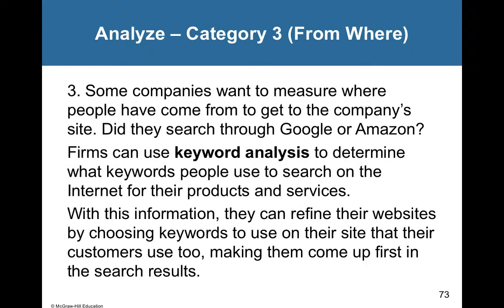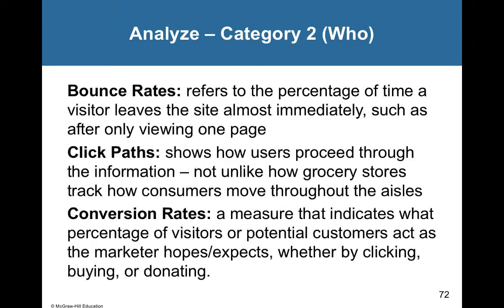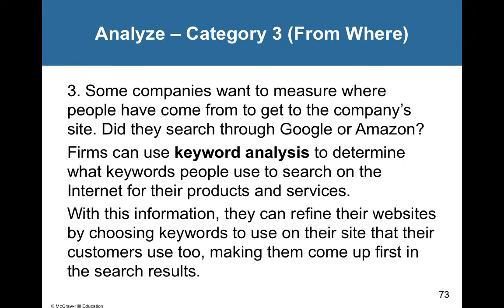Okay. And then finally, our third category of analysis, once we figured out how many and we figured out what they're doing on the site or the who, we want to know where they came from, the from where aspect. So this has always been kind of creepy to me. We want to know, what site were you on before you came to our site? And a lot of times, this is where Google and Amazon and Bing and Yahoo and all those different search engines can come in handy.